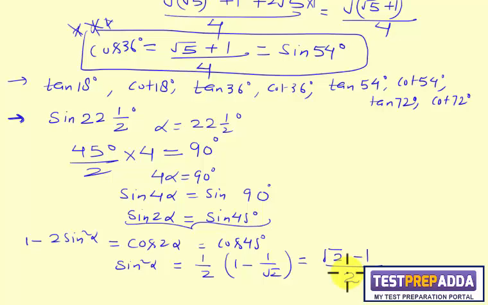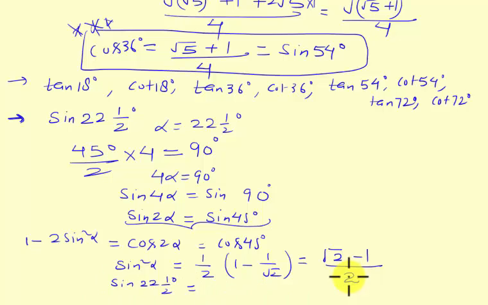Okay, now so sine alpha will be what? Sine alpha means sine 22 and half degree will be what? Root of this, if I multiply 2 in the numerator and denominator, here it will be 2 root 2.